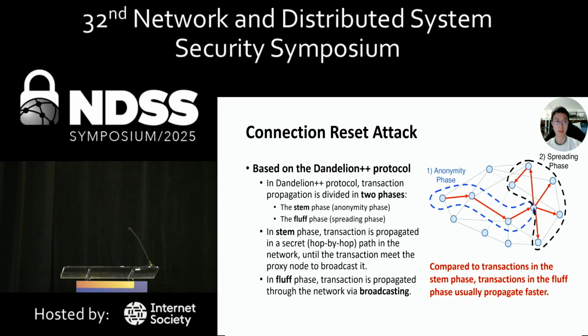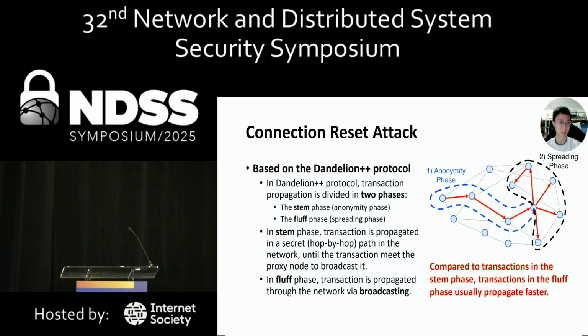Next, we present the second instance of the connection reset attack. As mentioned earlier, the Monero network uses the Dandelion protocol to propagate transactions. Under the Dandelion protocol, transaction propagation is divided into two phases, the stem phase and the fluff phase.